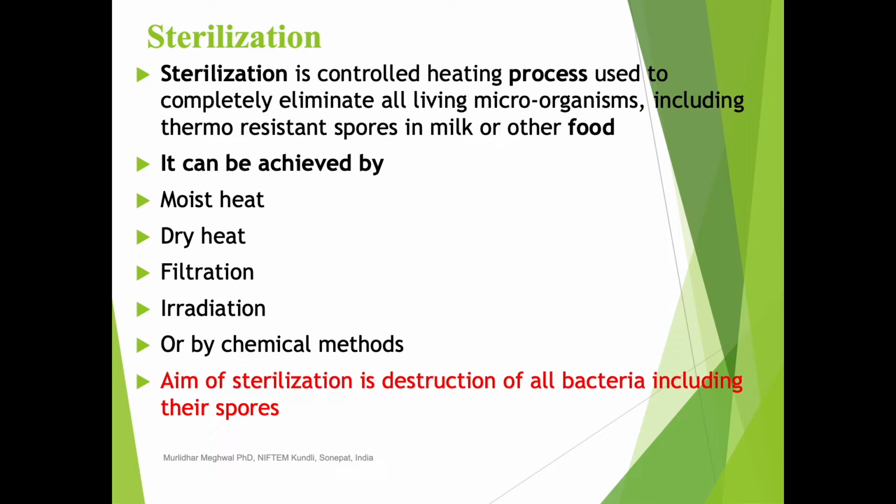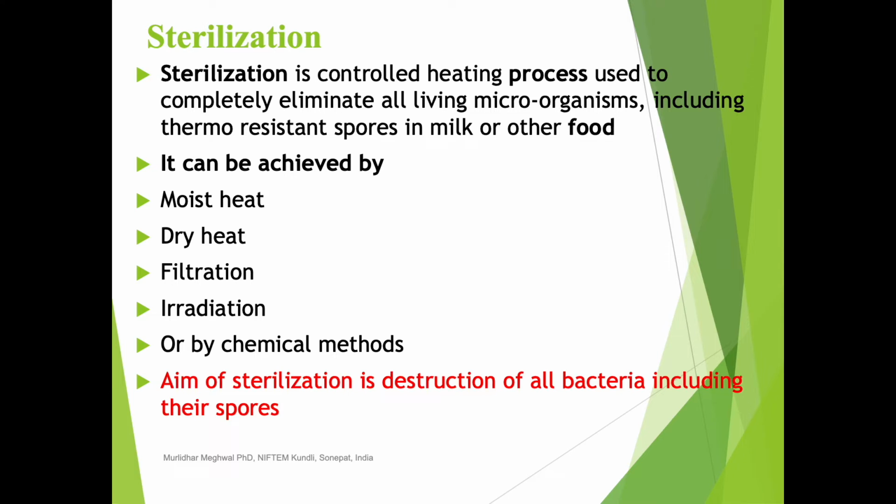Then the next process is sterilization. Sterilization is a controlled heating process. It is used to completely eliminate all living organisms, including thermoresistant spores, in milk or other foods. It can be achieved by moist heat, dry heat, filtration, irradiation, or chemical methods.